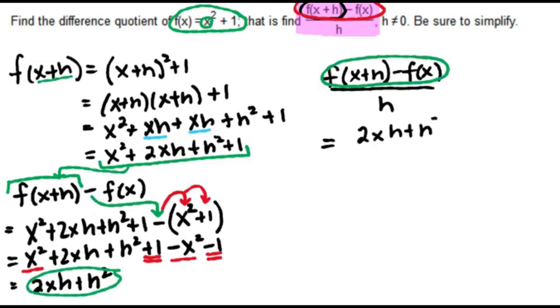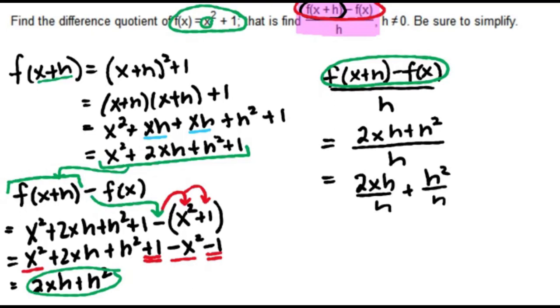We're going to divide that by h. And we have two terms in the numerator, which means that we can distribute the division to those two terms. That would give 2xh over h plus h squared over h.